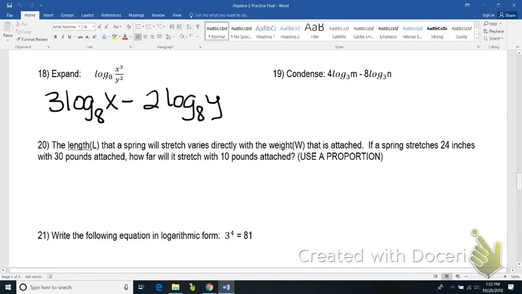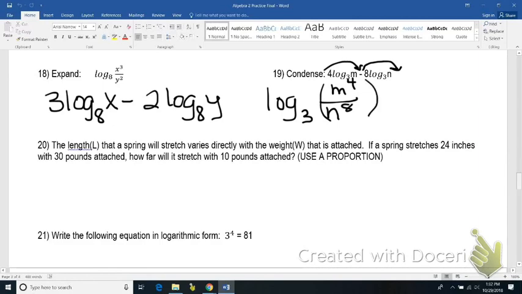Division becomes subtraction. And then we're going to do the opposite on 19. So we're condensing. Log base 3, and then that would become m to the 4th divided by n to the 8th. And then you're finished. So one expansion, one condense problem.